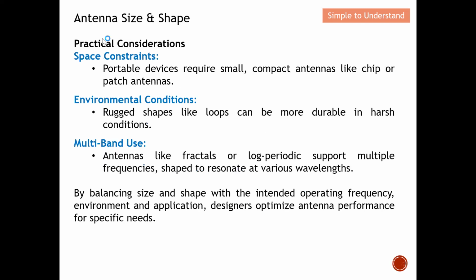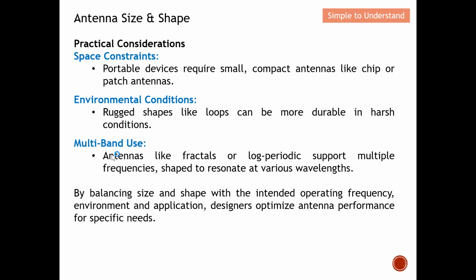As for practical considerations, in terms of space constraints, we have portable devices that require very small and compact antennas, so therefore we have chip or maybe even patch antennas. As for environmental conditions, we have rugged shapes like the loop, which can be more durable in harsh conditions.